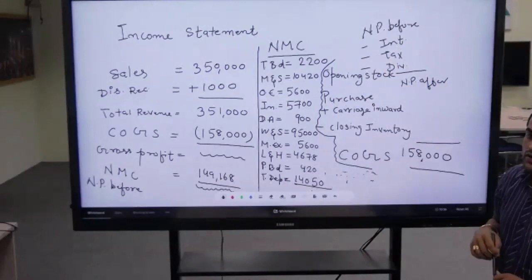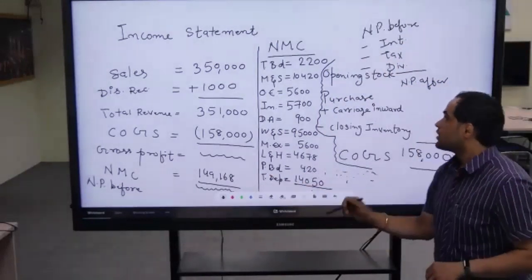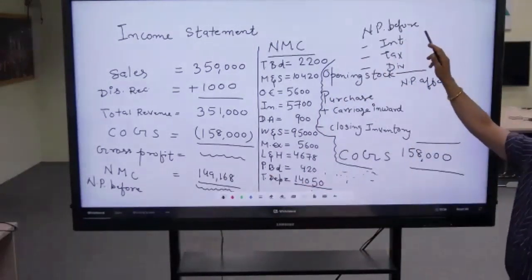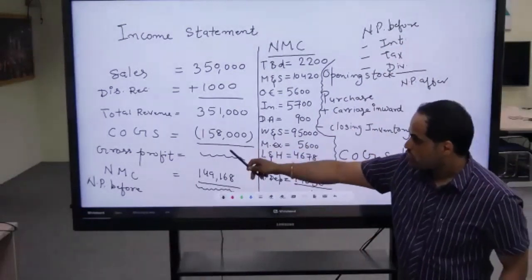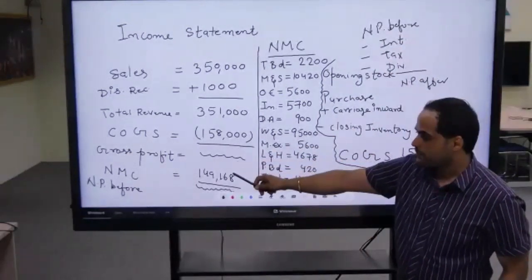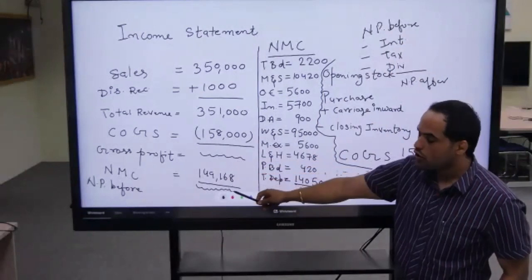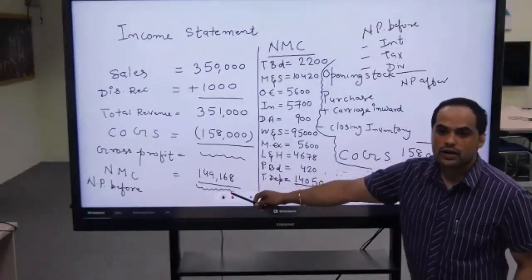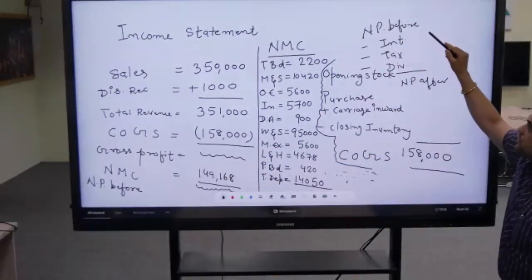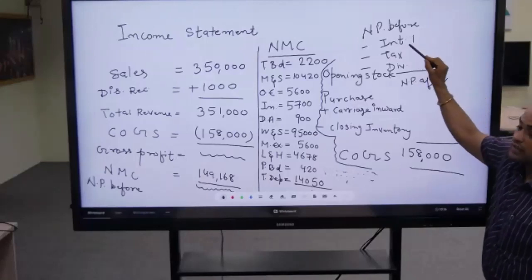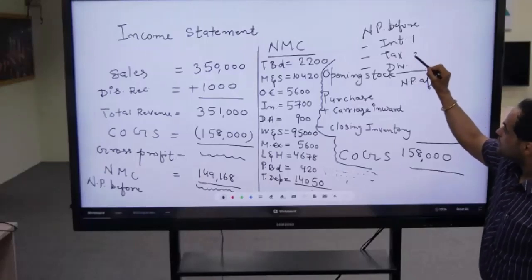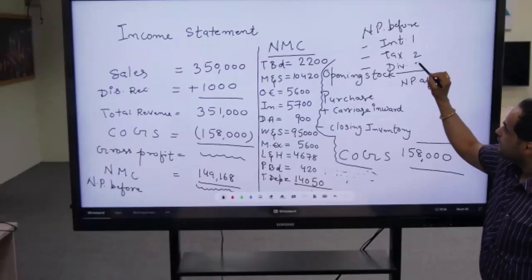Yeah, 149,168. That's right. So you got gross profit, subtract non-manufacturing cost, then you got net profit before. Now from this net profit before, you have to subtract first interest, then tax, then dividend.